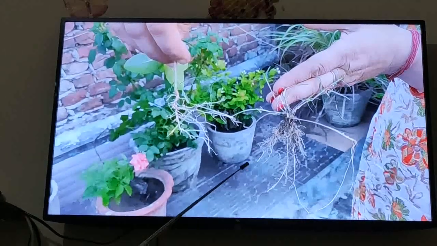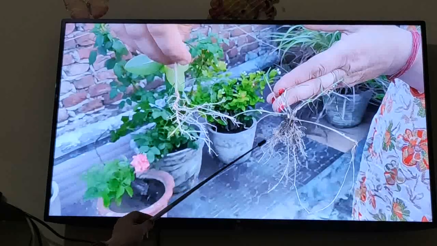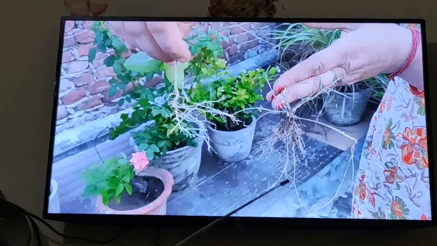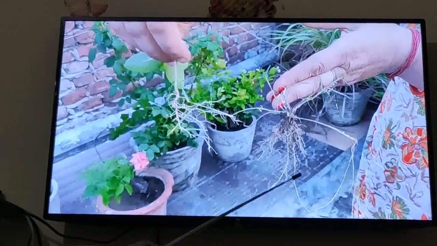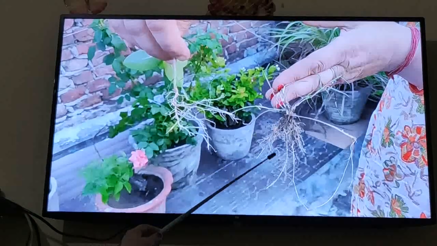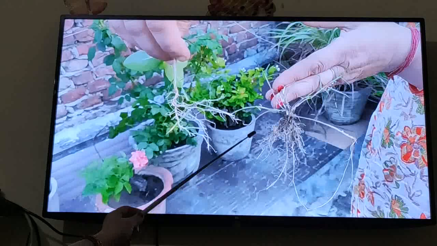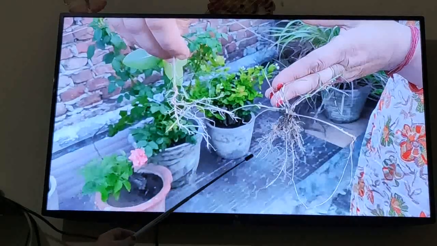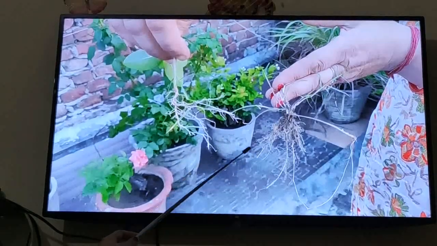Fibrous roots consist of many thin, fiber-like roots of a similar size. Most of them are similar in size. So this is a fibrous root.